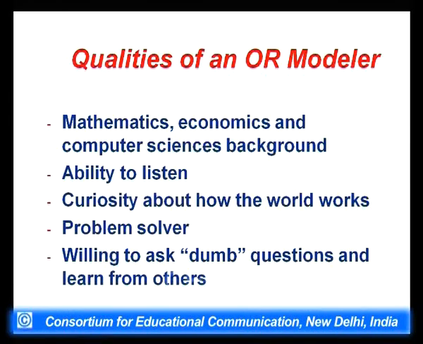Who is making the model of the problem? So what qualities one should have? We have written that mathematics, economics and computer sciences background. A modeler must have mathematical background. He must have studied economics, and he should be knowing computer science also, because nowadays things are possible using computer software.